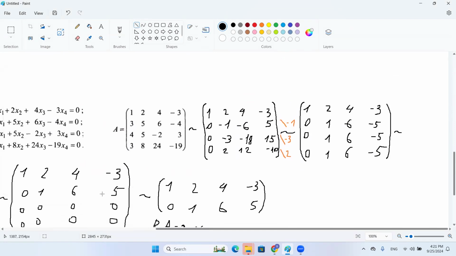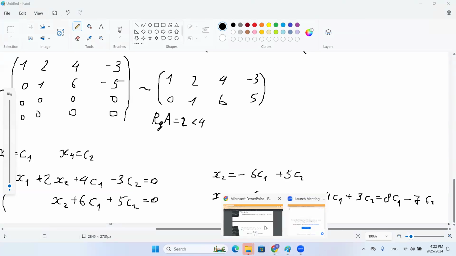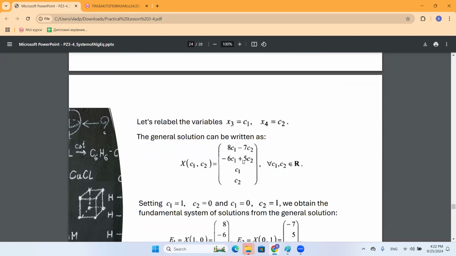Of course, losing signs is not good. So plus 5c2, and here we have 8c1 minus 10c2 minus 7c2. And now everything is correct.